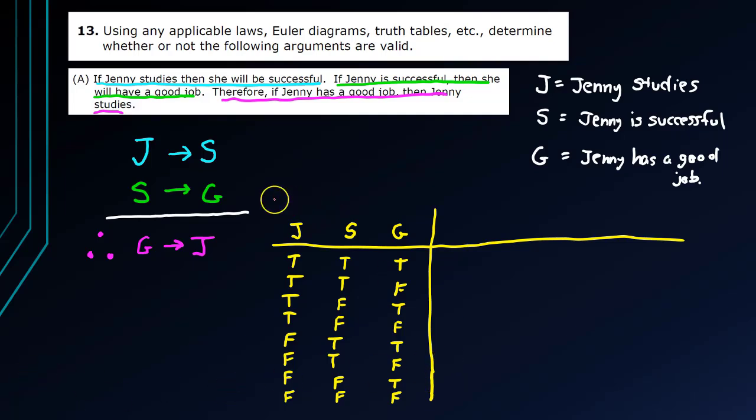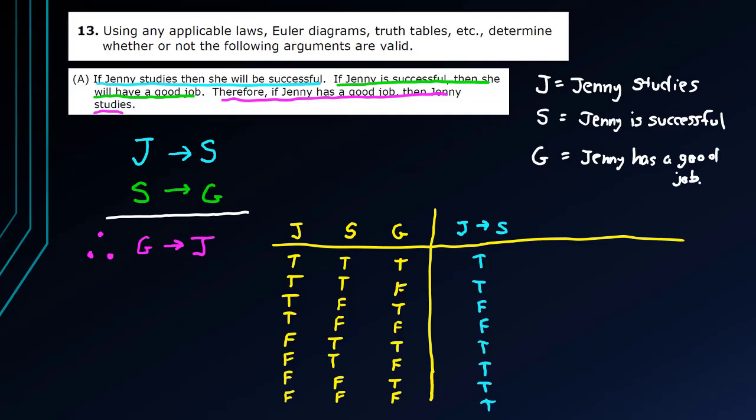So I'm going to look at the first 2 columns here and check, if J, then S. Now again, for that conditional statement, either both of these have to be true or J has to be false. If this is true and this is false, it's a false statement. So based off of that, these are the truth values I get for if J, then S.